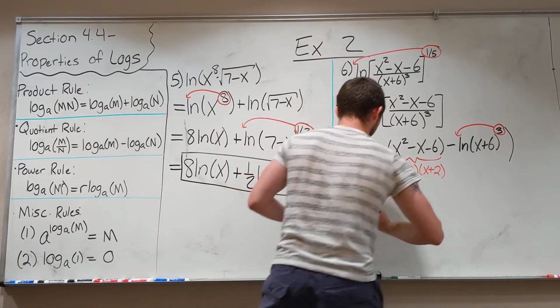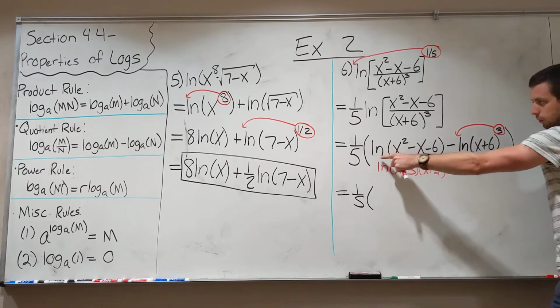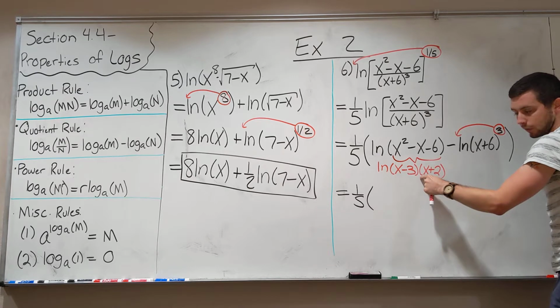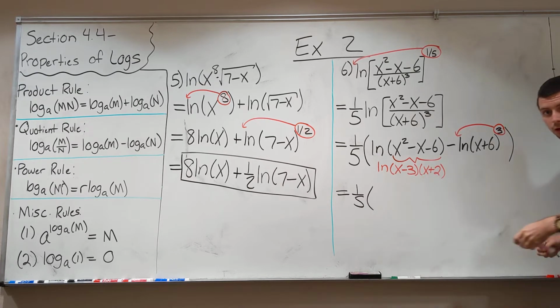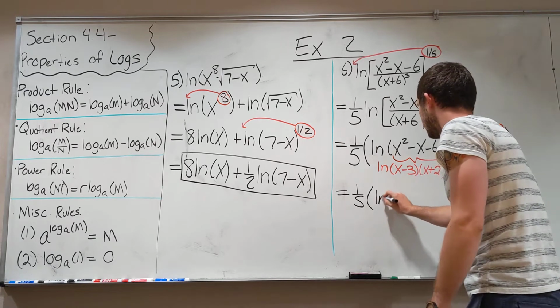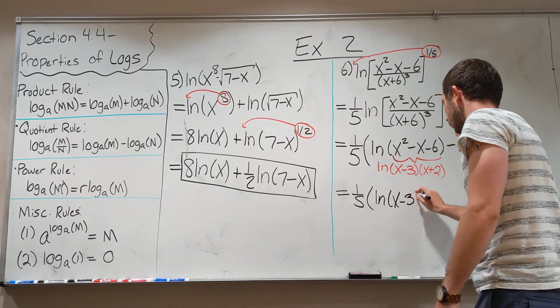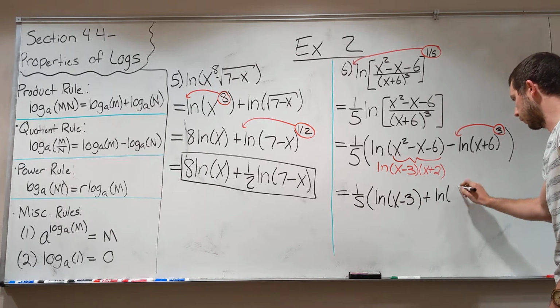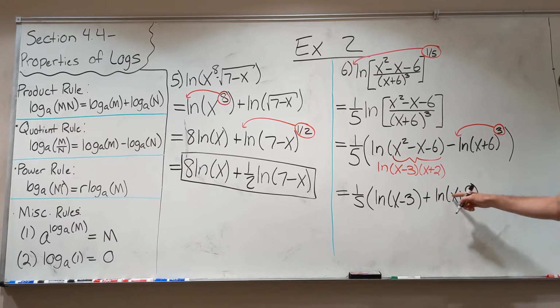Let's go ahead and evaluate this. As I mentioned, this whole first term can be rewritten as this. And since this is a product rule, we will apply the product rule. That means x minus 3 gets its own natural log with a plus sign, because now x plus 2 gets its own.